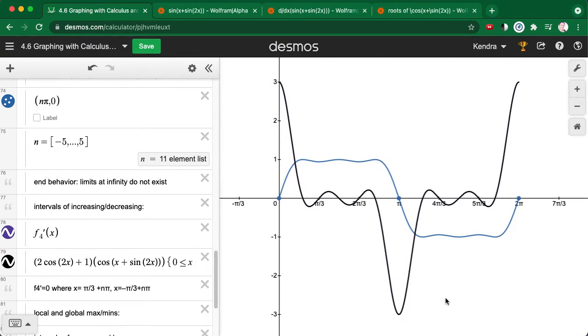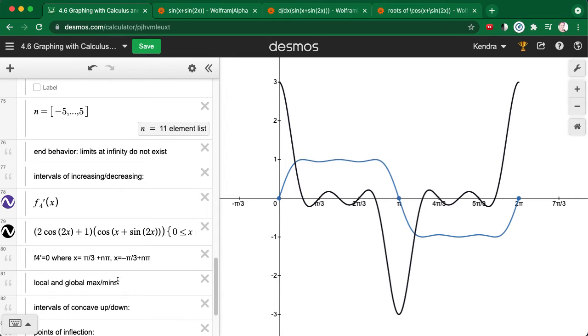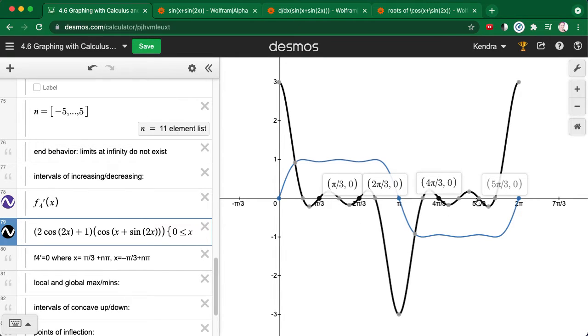And so in that case, in one period, we have the pi over 3 and the 4 pi over 3. We have the 2 pi over 3 and the 5 pi over 3.